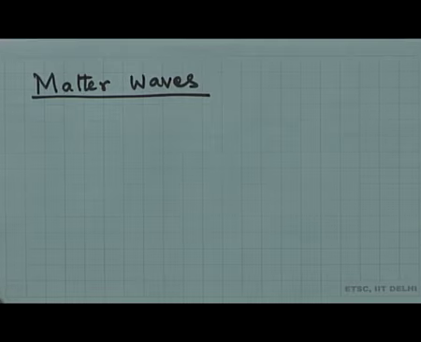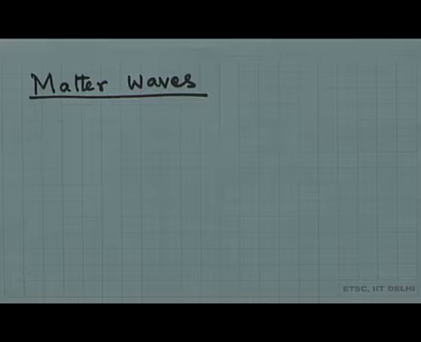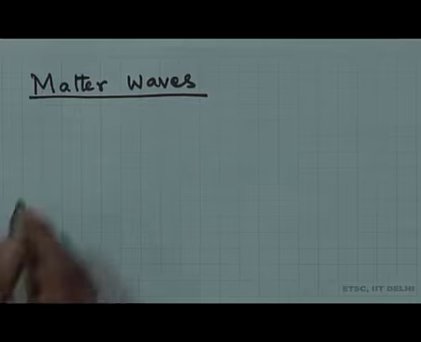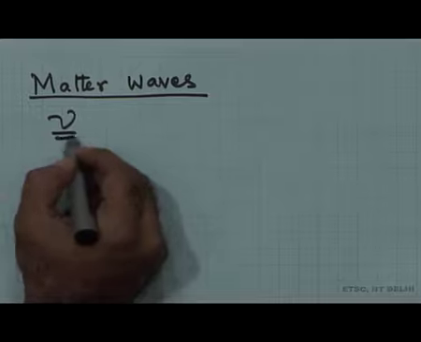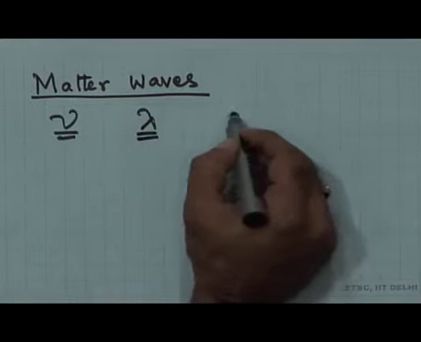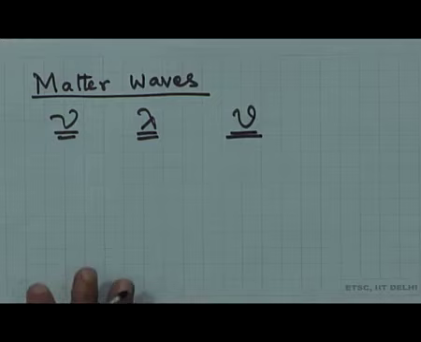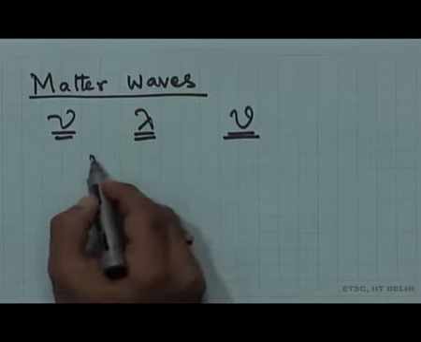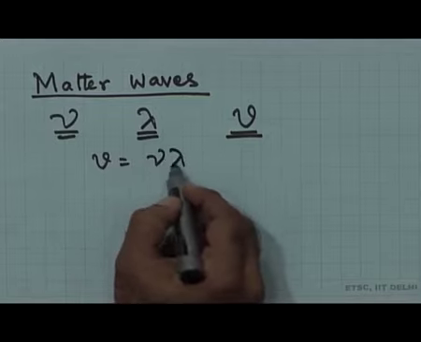Because as you know, no study of any wave phenomenon is complete unless we establish a relation between frequency, wavelength and velocity. So, you have frequency, you have wavelength, you have velocity, and this of course is well known by elementary arguments: v is given by nu lambda.